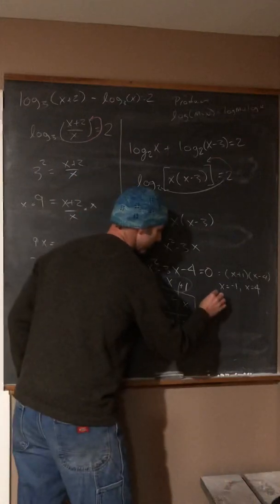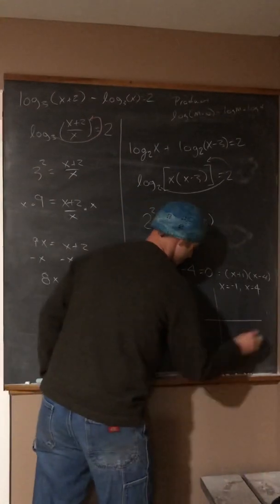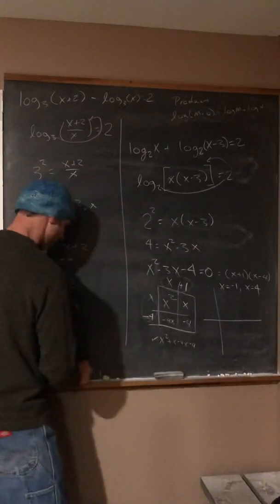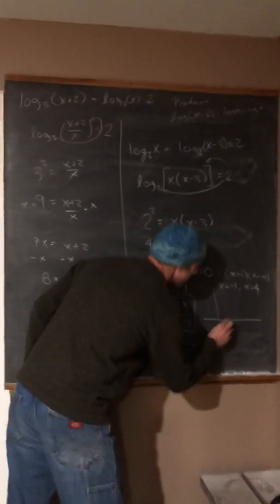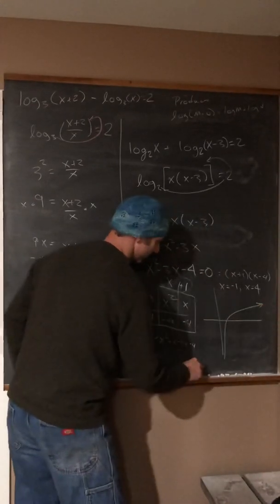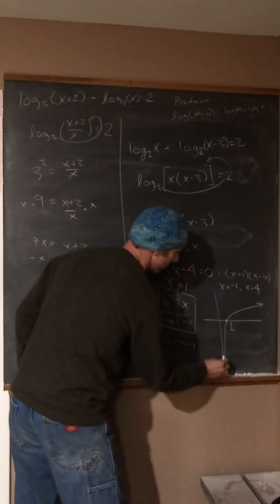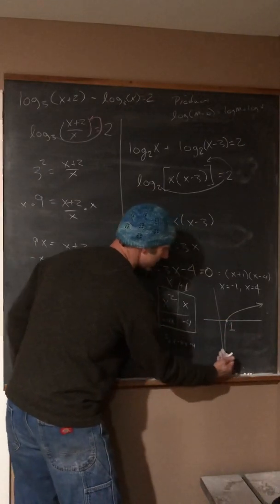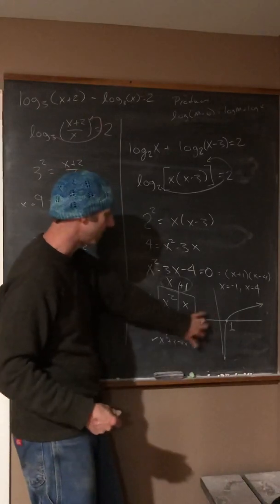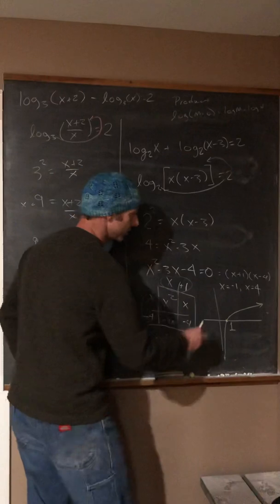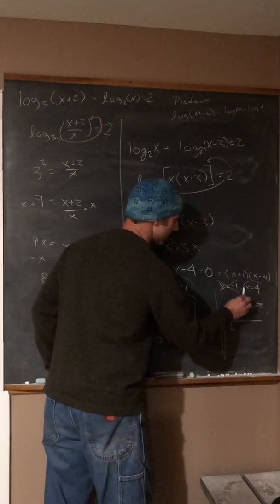One of the things we haven't really talked about, I'm just going to barely touch, is the log function looks like this. Where it crosses at 1, and it's never negative. Logs are never ever negative. They're not defined over here. So this answer cannot work. So my answer has to be 4.